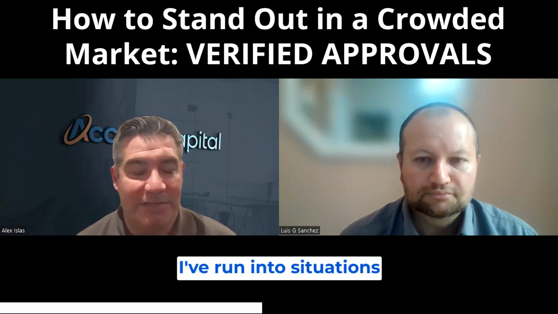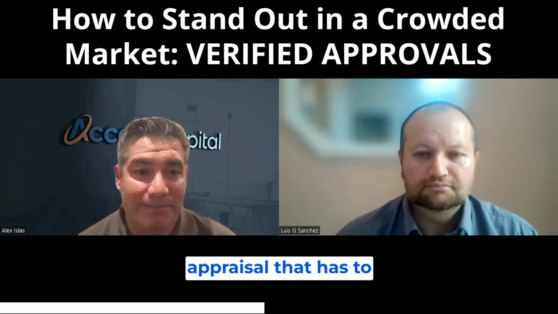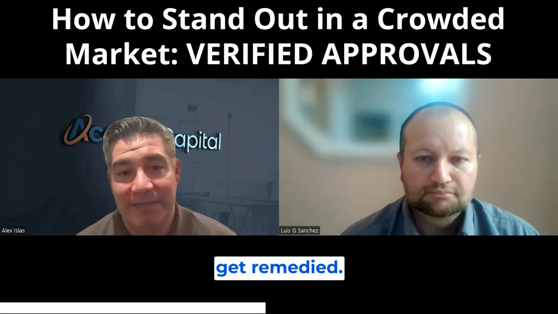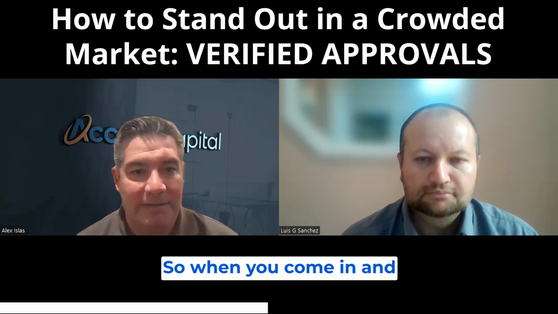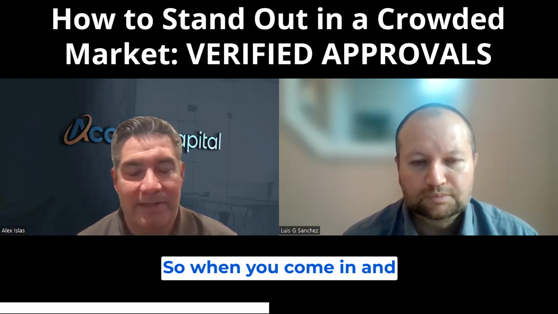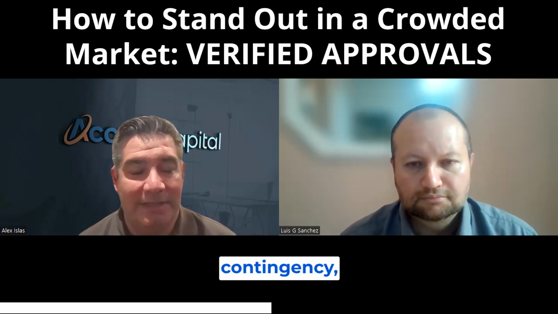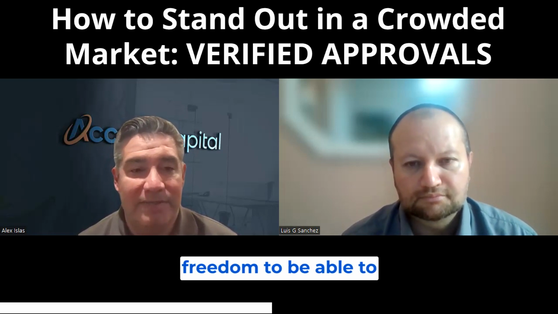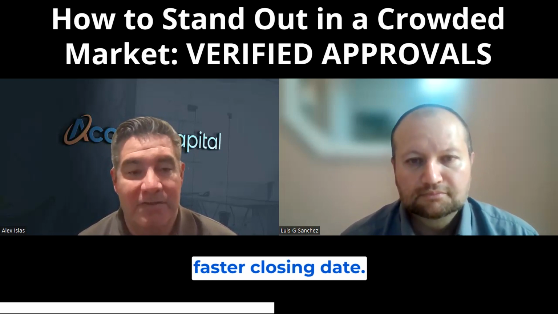I've run into situations recently where there was an issue with the appraisal that has to get remedied. So that adds more time. So when you don't have to deal with a loan contingency and an appraisal contingency, that gives you the freedom to come in with a faster closing date.